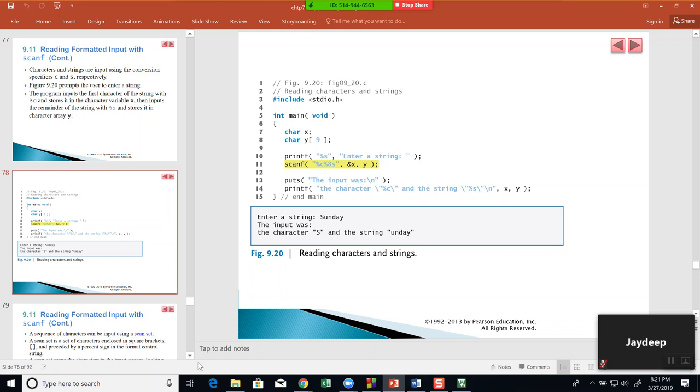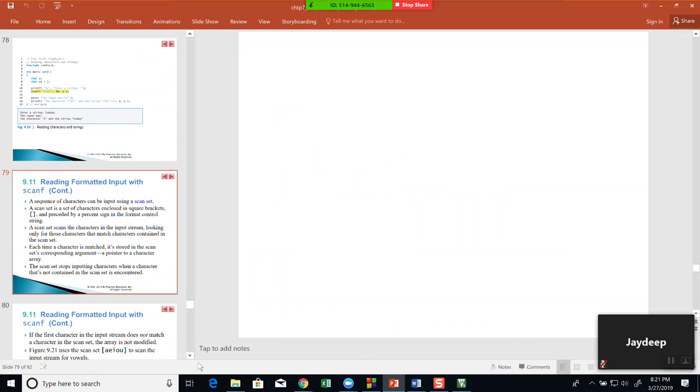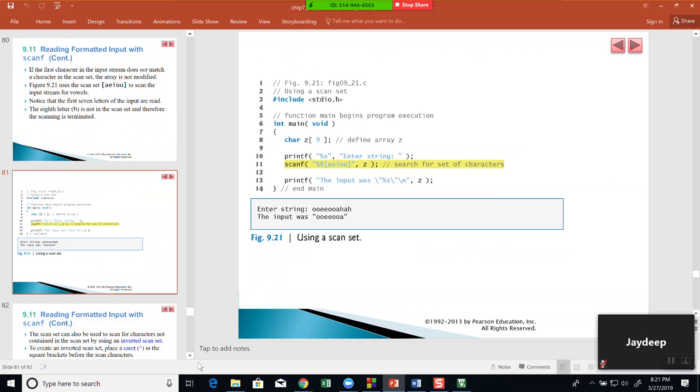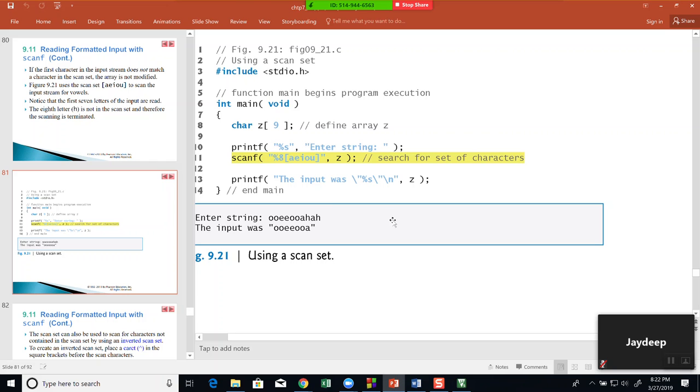%C, %S we've talked about. They're just saying it applies equally to scanf. Now here they got %8, and then they got AEIOU inside of brackets, and we're reading that into Z. Z is our array of characters.